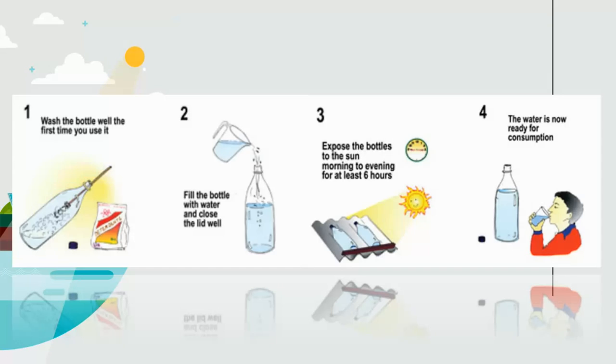Next, contaminated water is filled into transparent plastic bottles and close the lid well. Next, expose the bottle to the sun, morning to evening, for at least 6 hours. During the exposure to the sun, the pathogens are destroyed. And now, after that, the water is safe for human consumption.